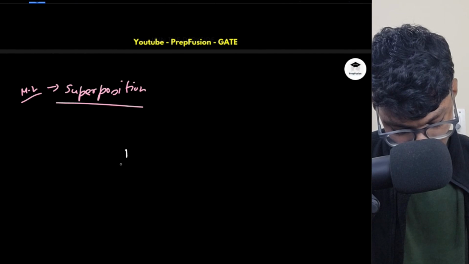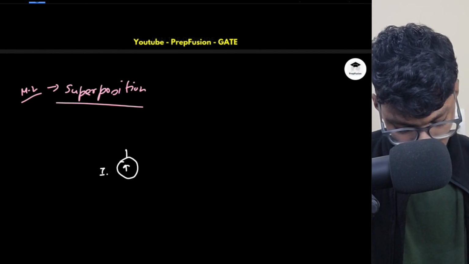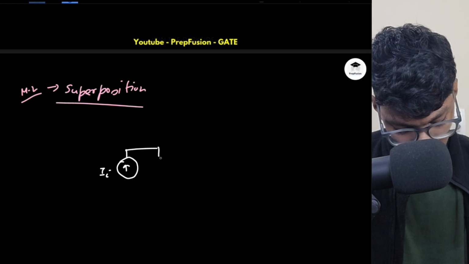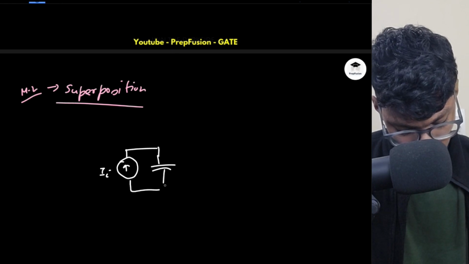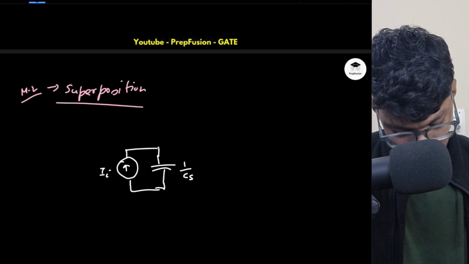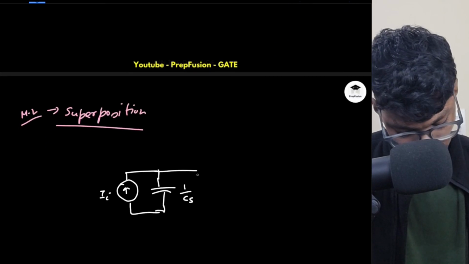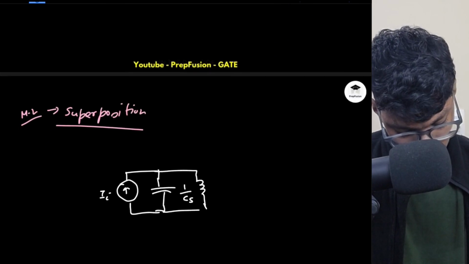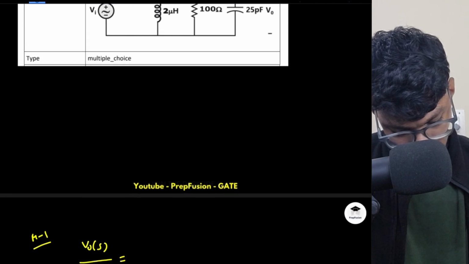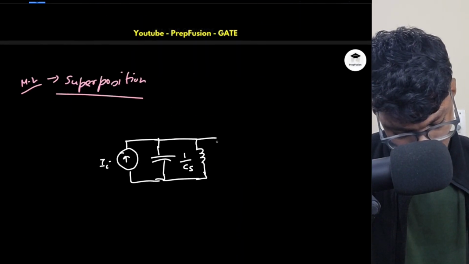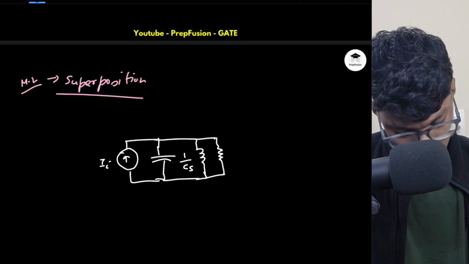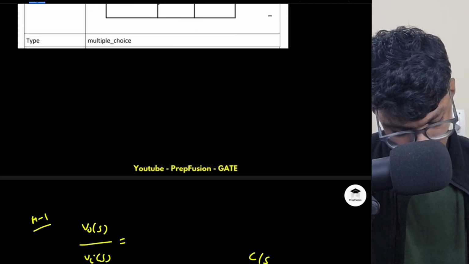I'm not writing it. And this will be converted into a capacitor 1 by Cs, and I have an inductor here, and then I have a parallel resistor, and then I have again a capacitor.